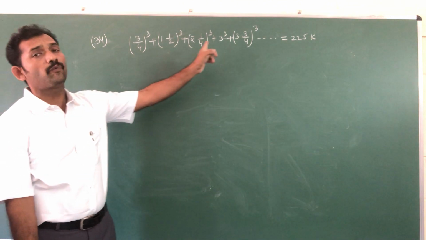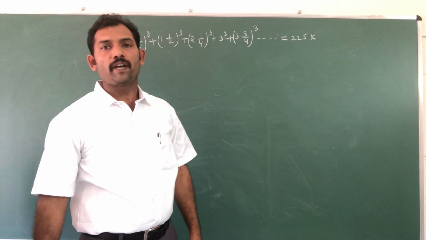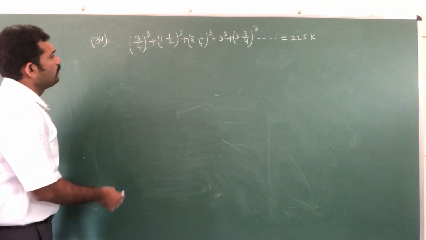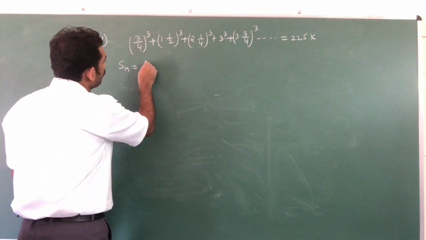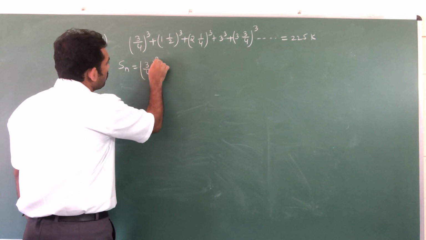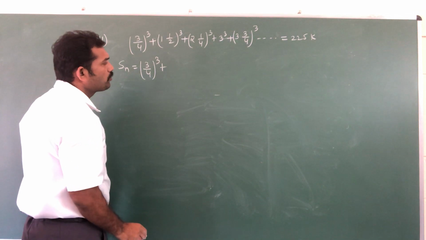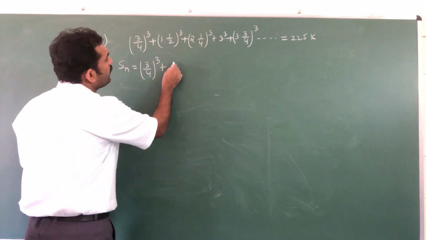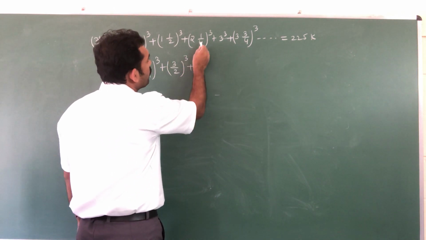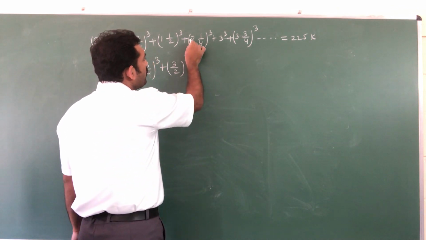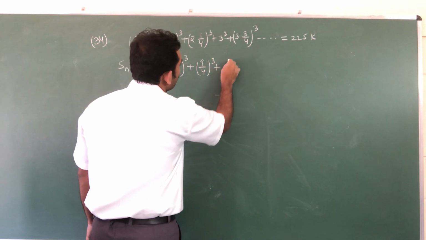This is the sum of 15 terms: S15 is equal to 225k given. Let us simplify each term. The first is (3/4)^3. Next, 2 into 1 is 2, 2 plus 1 is 3, so (3/2)^3. Next, 4 into 2 is 8, 8 plus 1 is 9, so (9/4)^3.